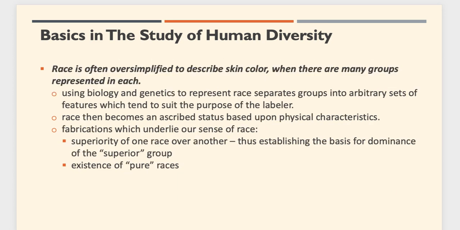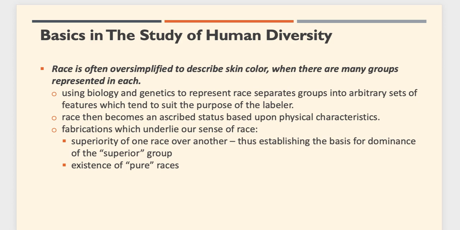Race is often oversimplified to describe skin color, but there are many groups represented in each racial group. Using biology and genetics to represent race tends to separate groups into sets of features which are very arbitrary and generally tend to suit the purpose of the labeler.